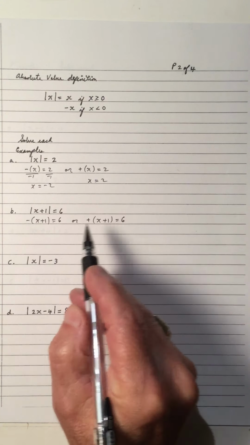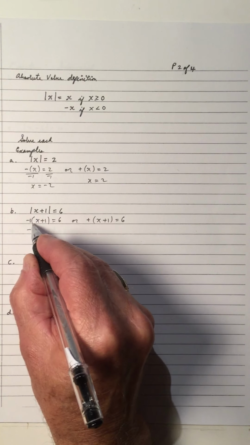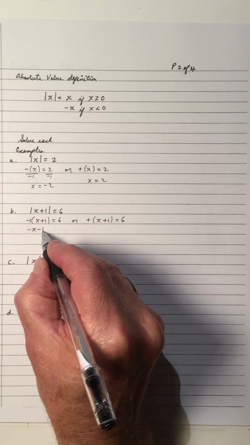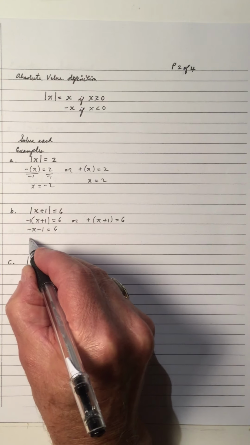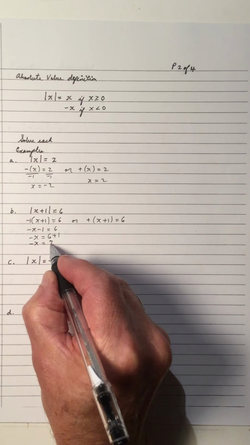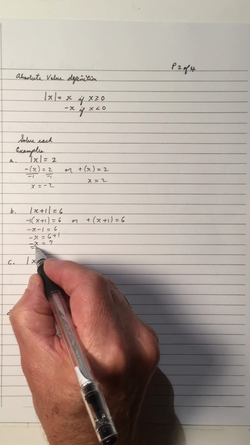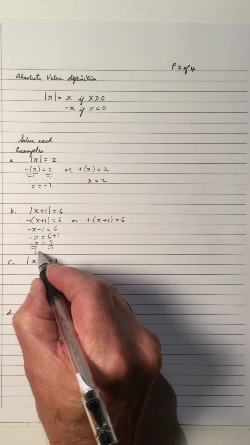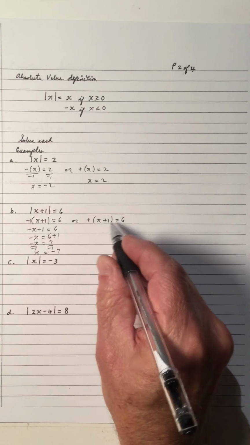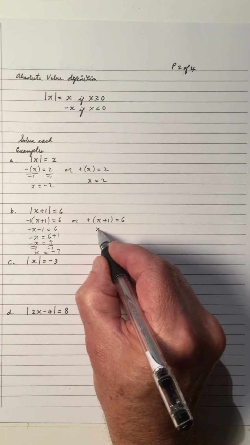Now you've got a negative, that's -1 times x, -1 times 1, so -x - 1 equals 6. So negative x equals 6 plus 1, when you move it over it becomes plus, negative x equals 7. And you divide by -1, x equals -7. And the positive won't change.